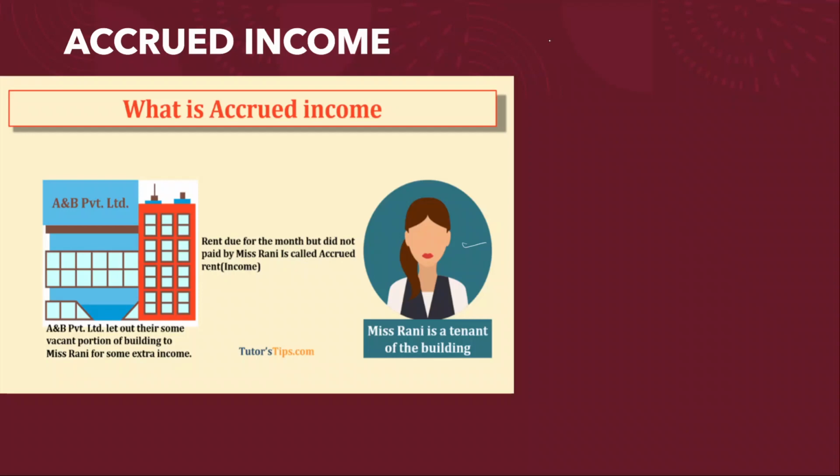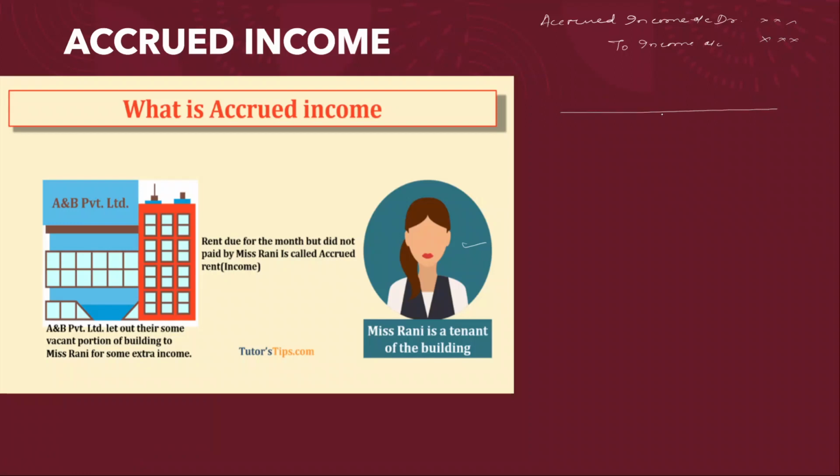So before entering it into your trading account, you need to pass a journal entry. Accrued income account debited to income account.